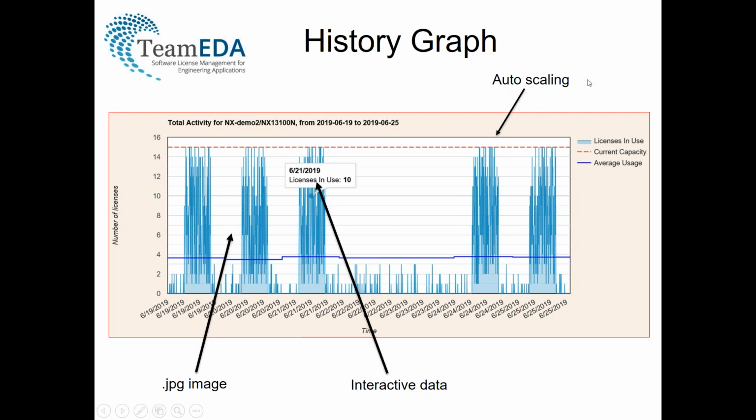And 9.1 also has auto scaling. So if you have 10,000 licenses and your usage is only down here around 100 or so, you might not actually see the usage patterns, but with auto scaling now in 9.1, you can actually see the usage, even if you have a high capacity.